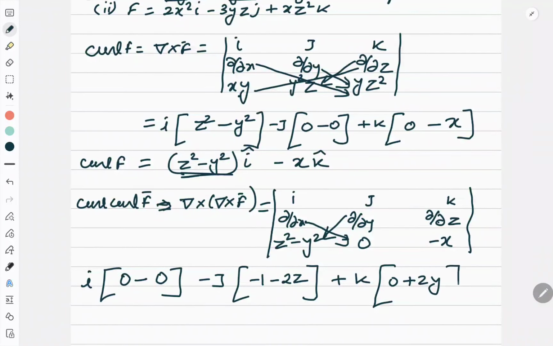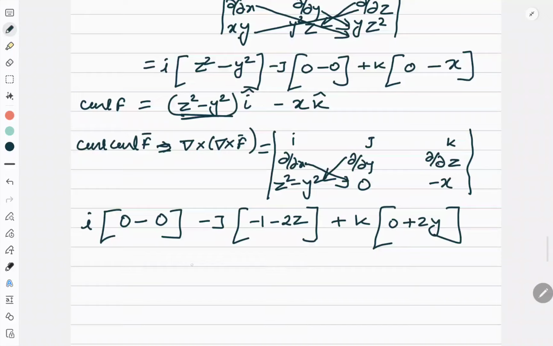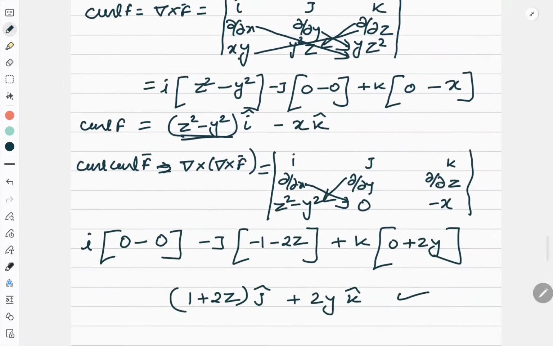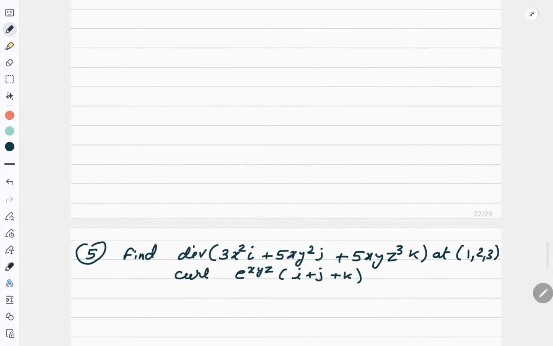So it will become plus 2y. So I'll get (1 plus 2z) j plus 2yk. So this is the value of curl curl f. Okay. Similar way you can do the second part. So I'll move to the next question, leaving the second part for you.